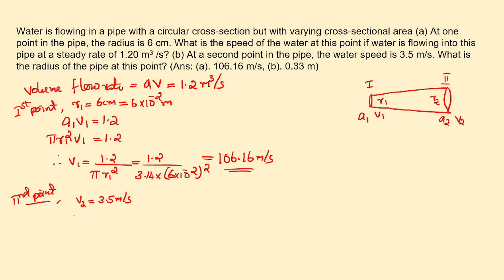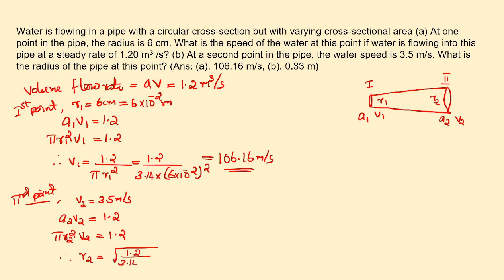Okay, so again, using the formula, the product of area of cross-section and velocity is equal to the flow rate. So A2 V2 equal to 1.2. Therefore, pi R2 square into V2 is equal to 1.2. Therefore, R2 is equal to square root of 1.2 divided by pi into V2.